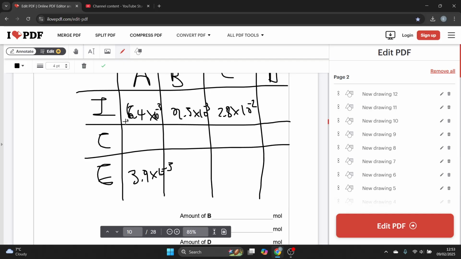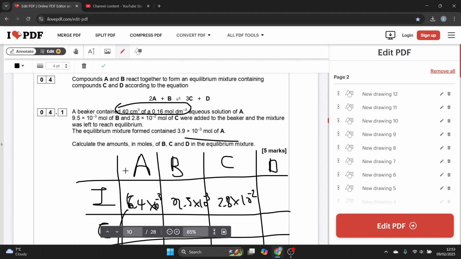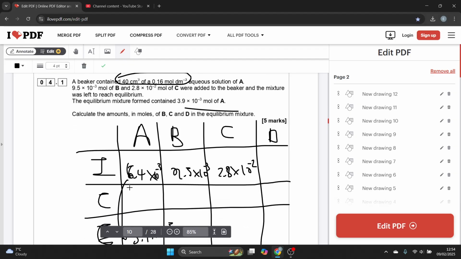So how have I gone from here to here? Well, all I'm going to have to do is 6.4 times 10 to the power minus 3 minus 3.9 times 10 to the power minus 3.